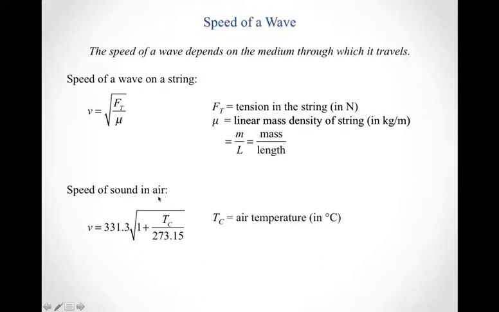Changing the property of air changes the speed that sound travels through it. So we'll calculate the speed of sound by basically saying it's going to be 331.3 meters per second times the square root of this additional term, 1 plus the air temperature in degrees Celsius divided by 273.15. So this gives us two ways in which we can talk about the physical parameters of the medium and use that to calculate the speed at which waves will travel through that medium.